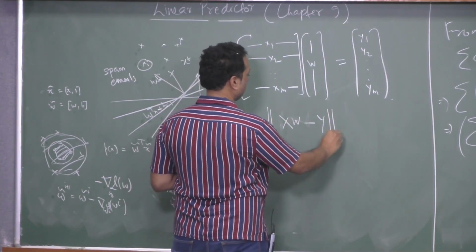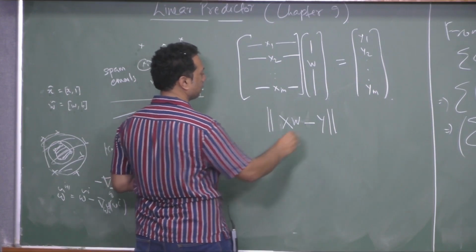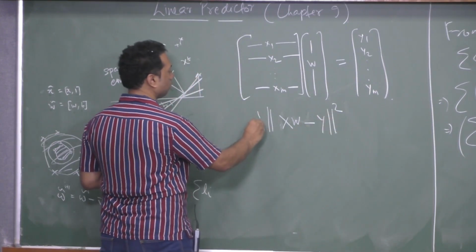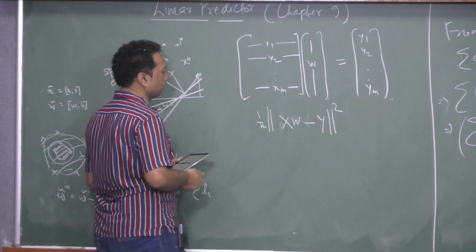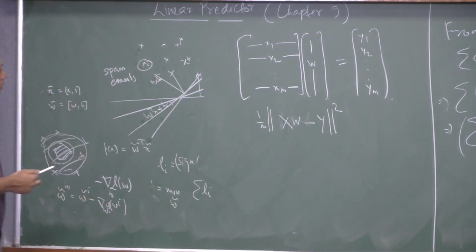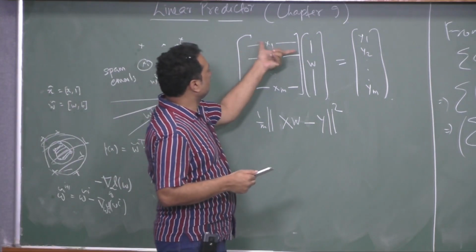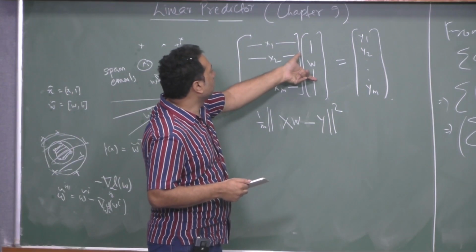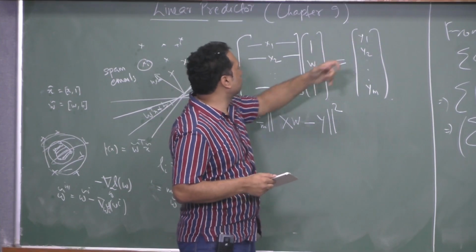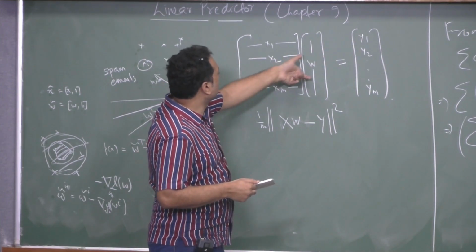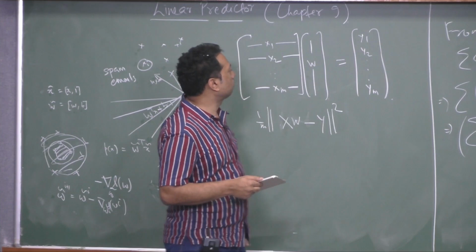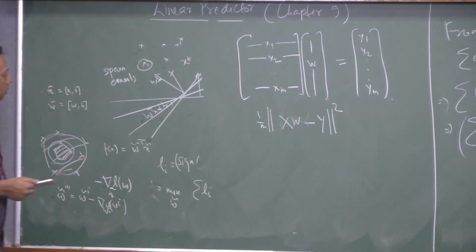This is what we are trying to minimize, and 1 by m you can take as a normalizing factor. So this is our loss. For the first sample, I take a dot product and check whether the output is y1 or not. Second sample, I take a dot product and check whether the output is this or not.